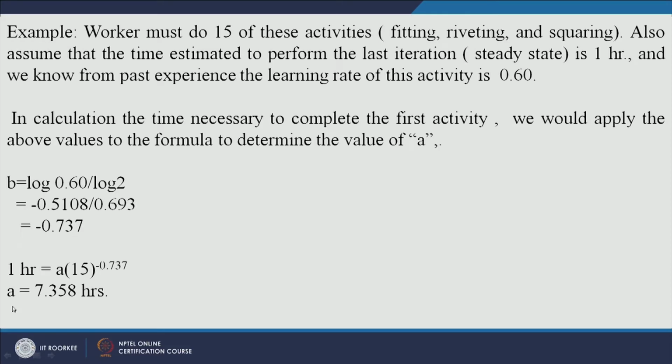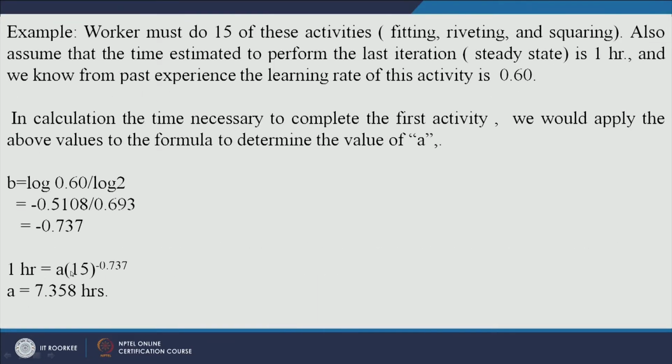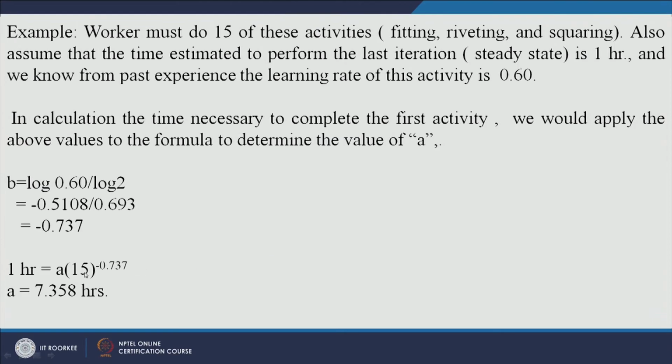Now, you need to calculate A, and you have been given Yx. You have been given the time required for x units of output. So, this Yx is equal to A, which is unknown, times x, where x is the number of units to be produced, to the power b, which is minus 0.737.